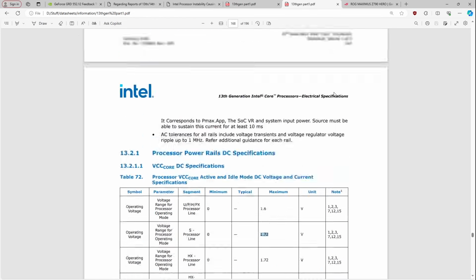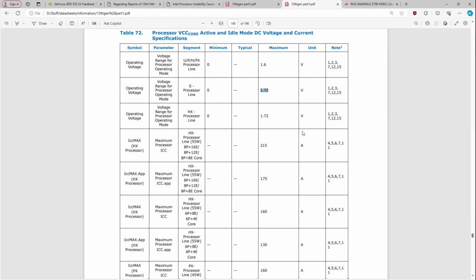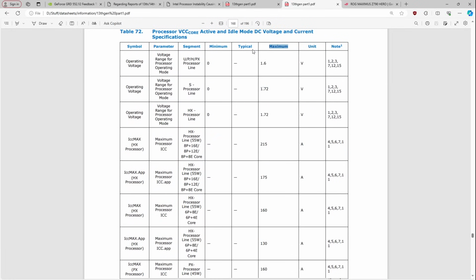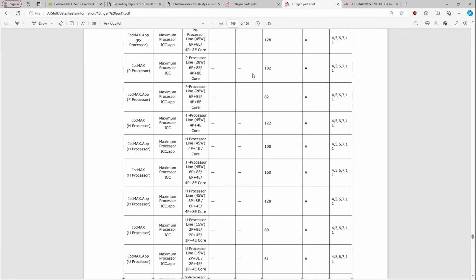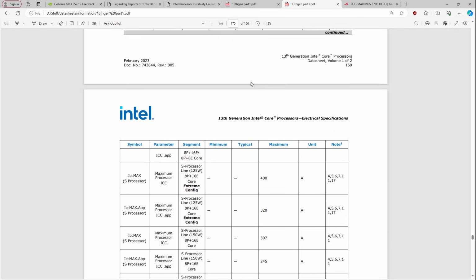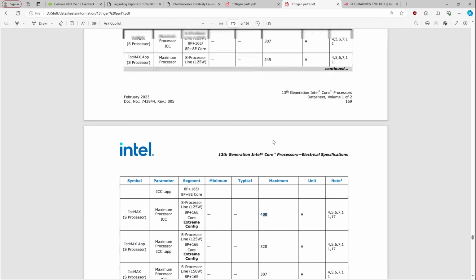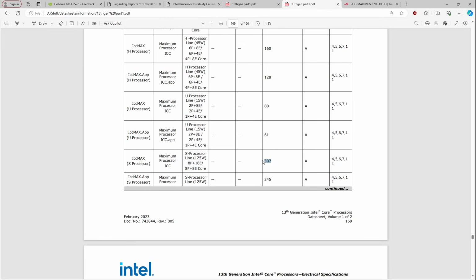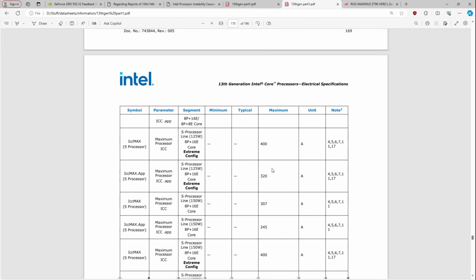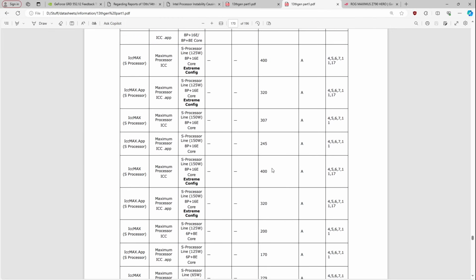What I do find kind of interesting is that for the currents, we actually have a kind of specification, so I'm surprised that the motherboard vendors get to ignore that too. I don't think I've ever seen a motherboard actually set these to the numbers in this data sheet over here.